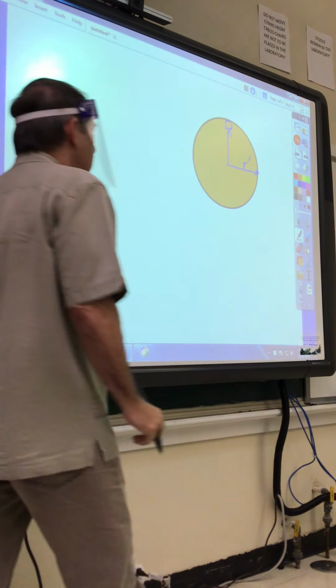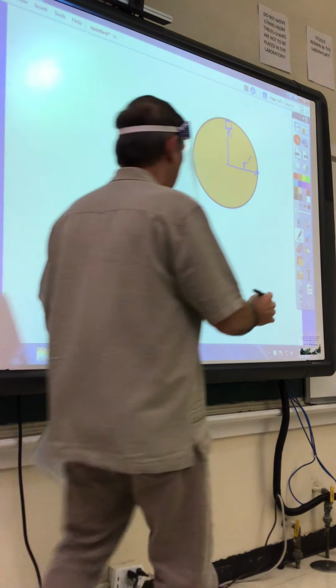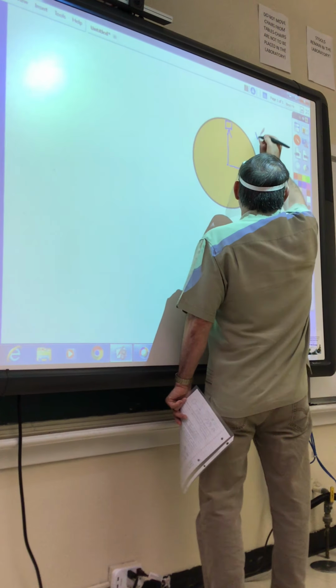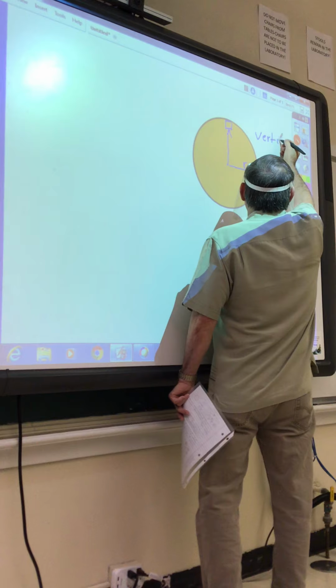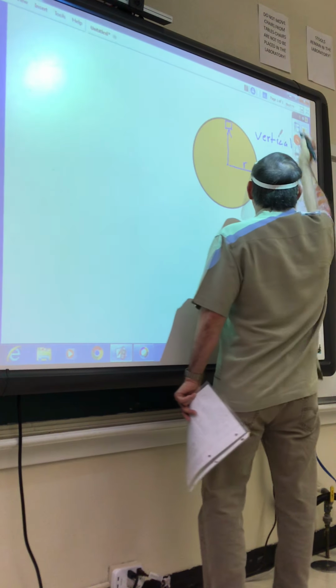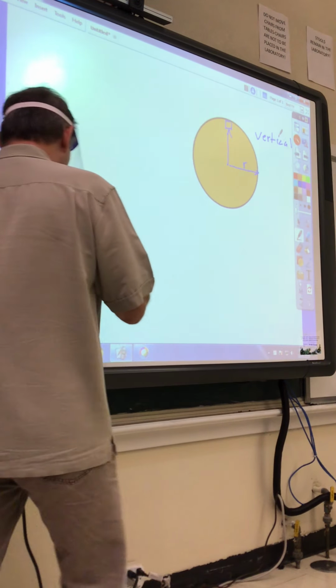Radius r. All right, and this is vertical. All right, here's the problem.